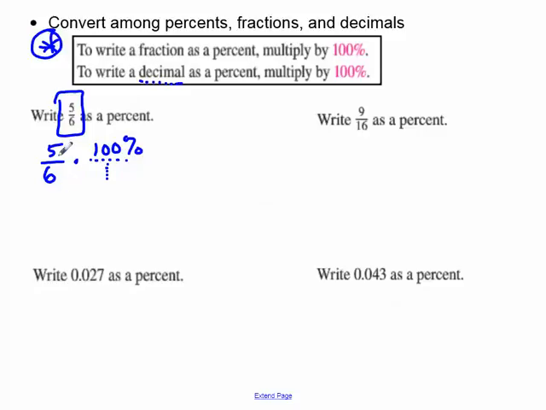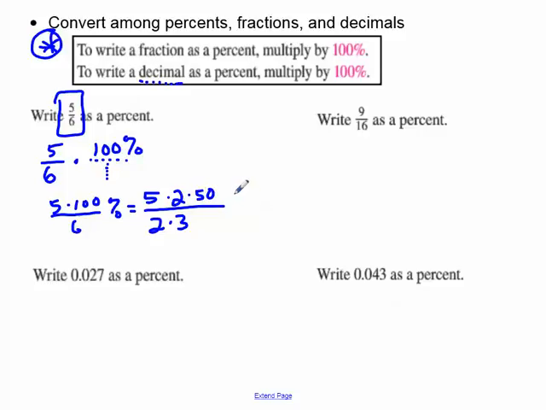Now we can just multiply 5/6 times 100% to get 5 times 100 over 6. Before we go to factoring out 100, let's factor out 6. 6 is 2 times 3. If I can find a 2 in the 100, let's rewrite 100 as 2 times 50.